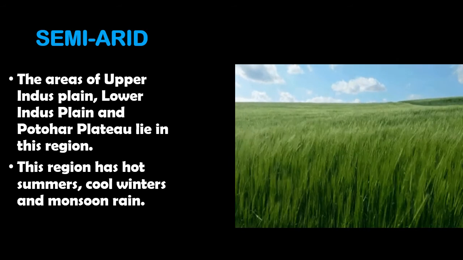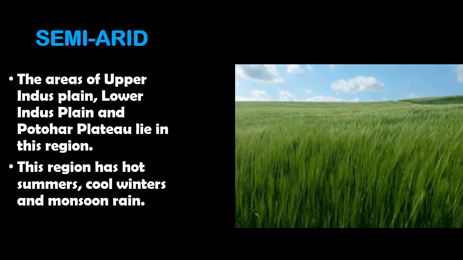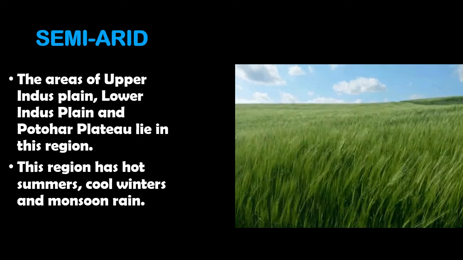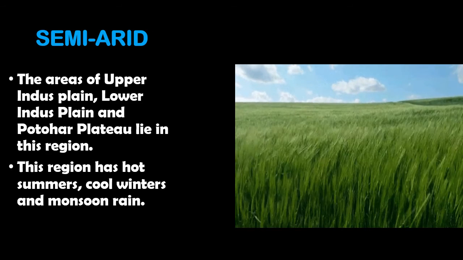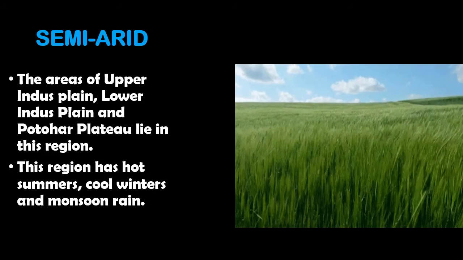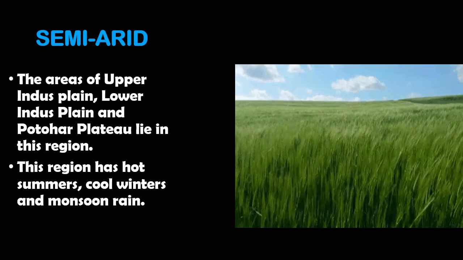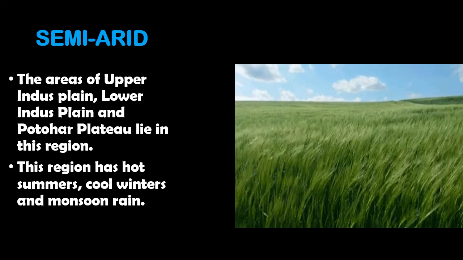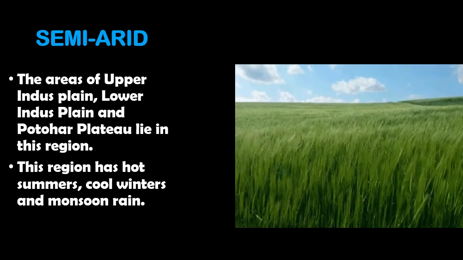The land in these areas is fertile and the major crops which are grown in Pakistan are grown in these areas. So the areas of upper Indus Plain, lower Indus Plain and Potohar Plateau lie in the semi-arid region.